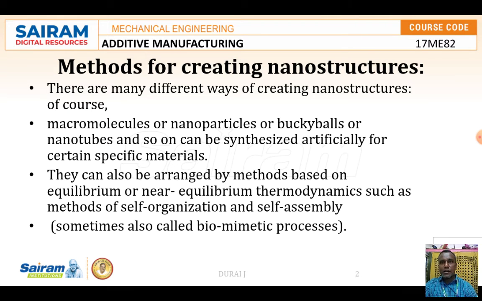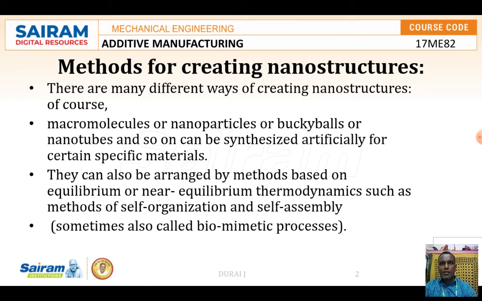So first, the methods for creating nanostructures. There are different ways available. Micromolecules, nanoparticles, buckyballs, nanotubes and so on can be synthesized artificially for certain specific materials.